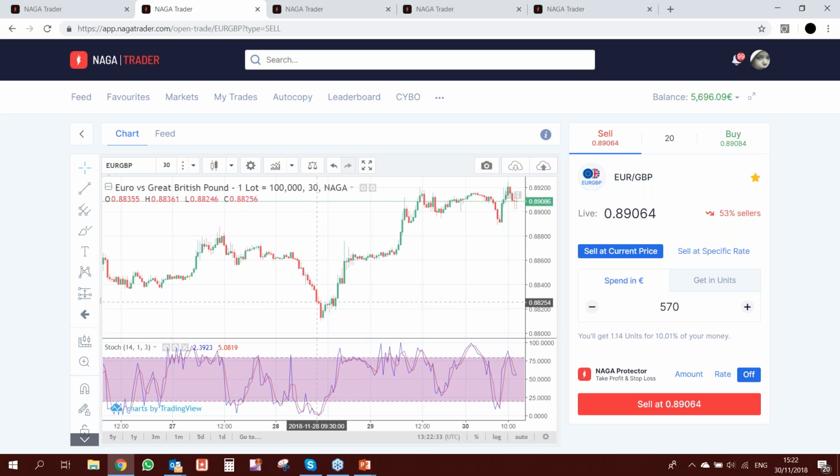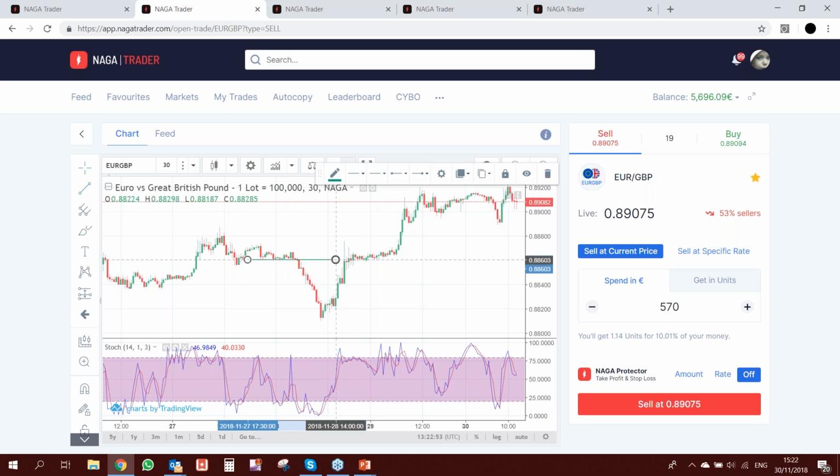Unlike the RSI, when it drops below the oversold and we're looking for buying areas, for stochastic it's actually the opposite. So when we see a break below the oversold and below a key position, for example a support, we have a support here, price is struggling to break below.